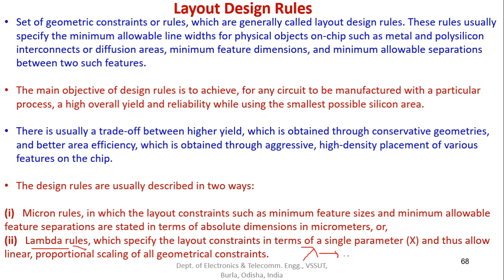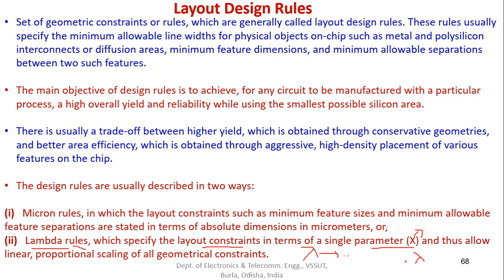So lambda rules specify the layout constraints in terms of a single parameter. It's a simple variable, generally called lambda, but it may be anything because it's a variable.